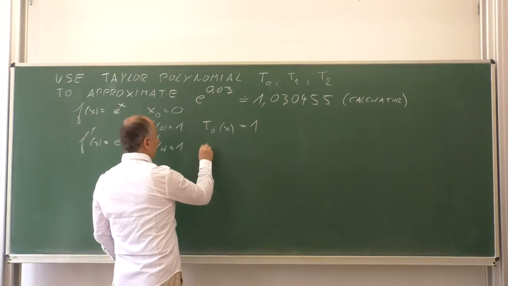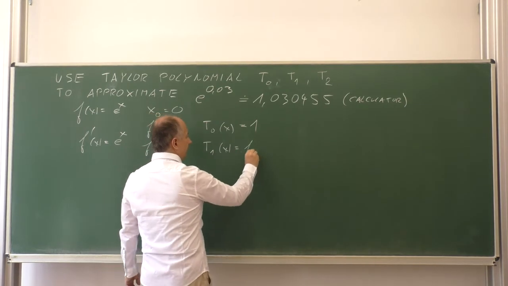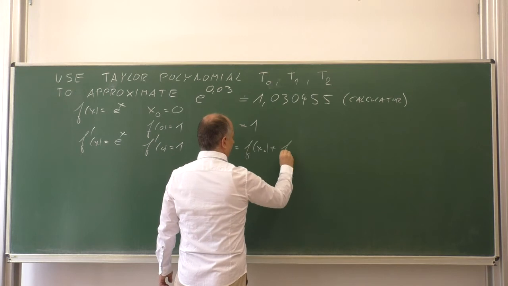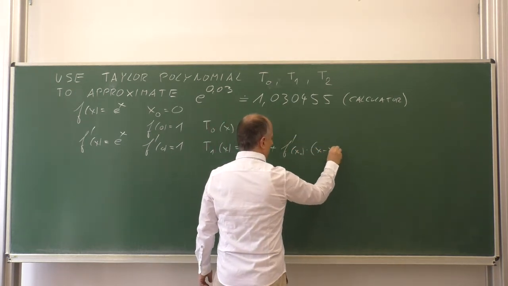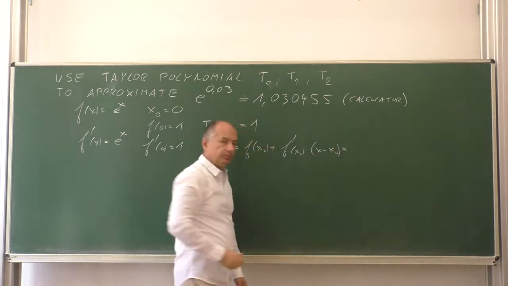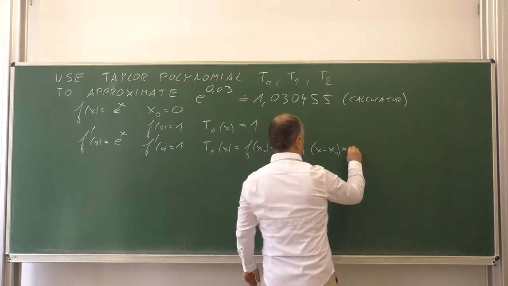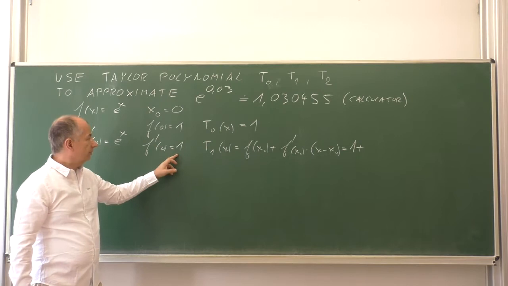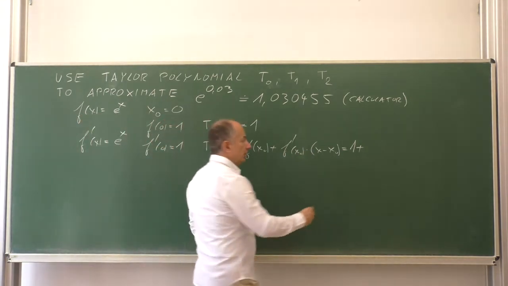So we can write t1, which will be the function value plus the derivative times x minus x0, which in this case is f at 0, which is 1, plus the derivative is 1 times x minus 0, which is x alone.